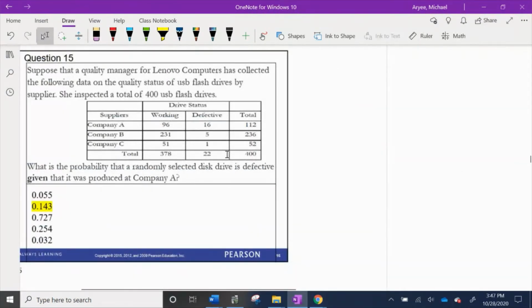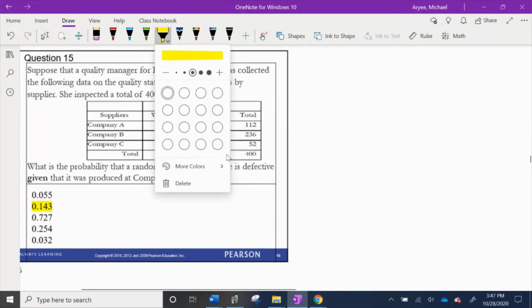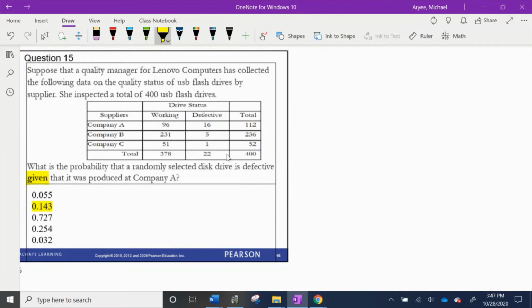Okay, question 15. Looking here, it looks like this is a given question. Now remember, given always, so given company A. So it says that act as if the only data you have is the company A data. Ignore every other thing. Right? So you are only focused on this as if the whole data is made up of this, nothing else.